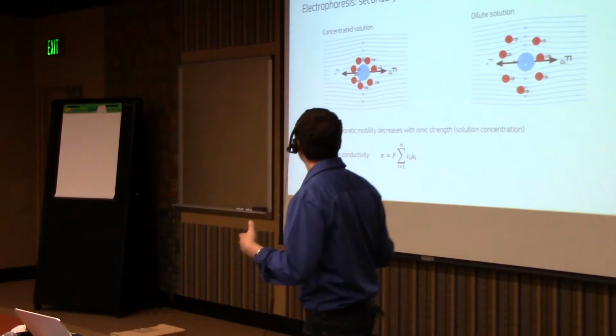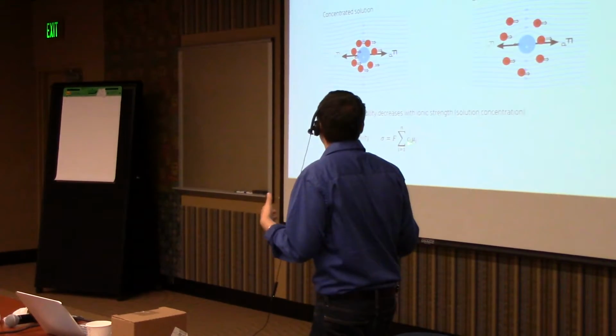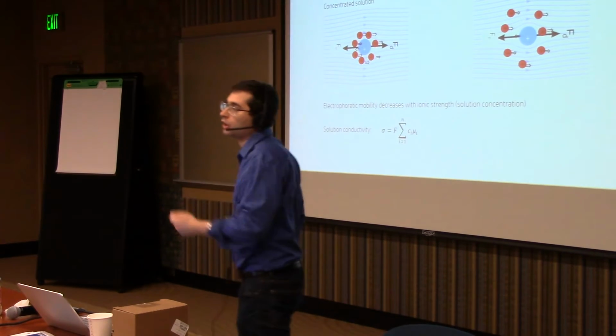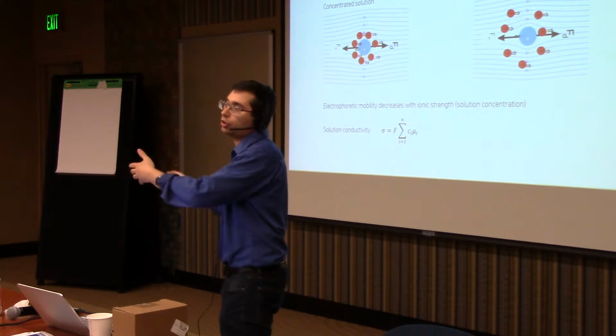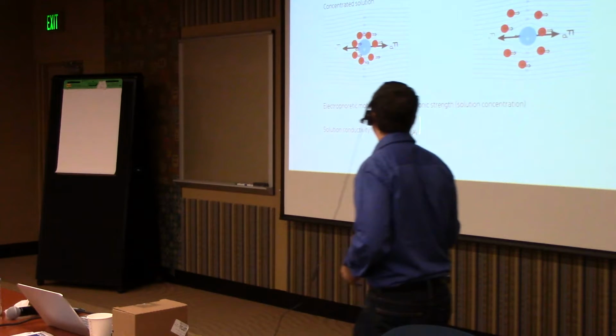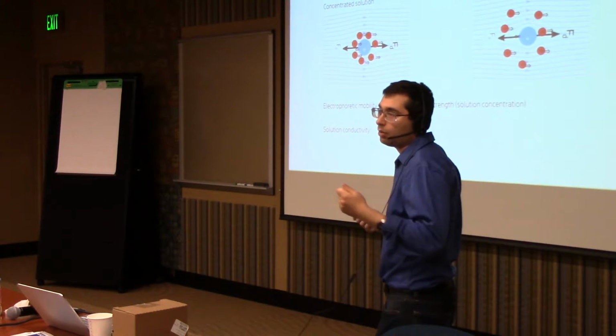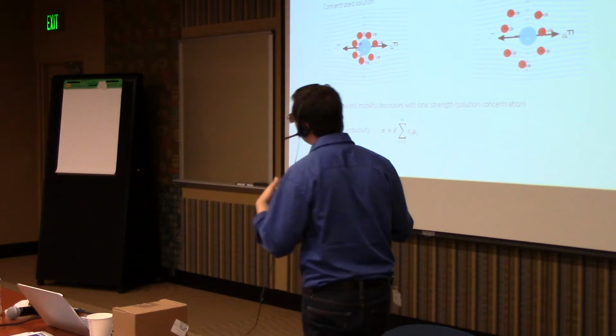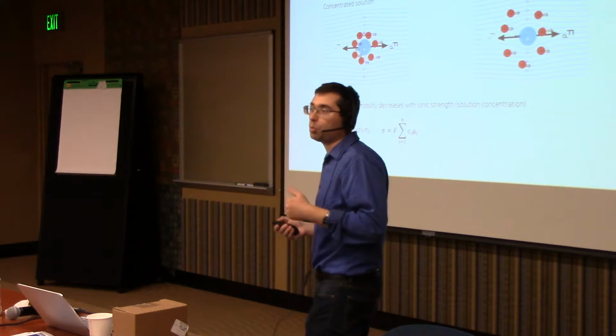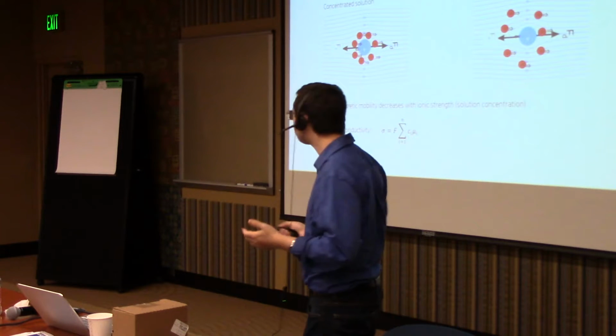Ions are the charge carriers. They're the things that carry the current for you, and so if they're faster, you get higher conductivity because you can carry more current for a given voltage, or you can use less voltage to push the same amount of current. You can think of it that way.